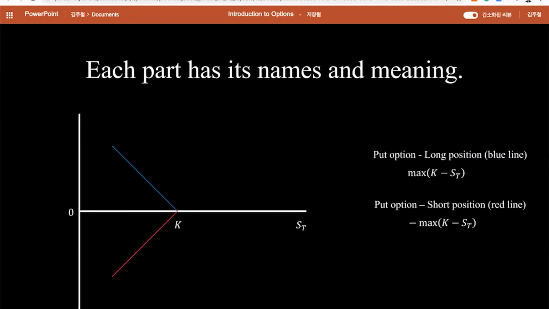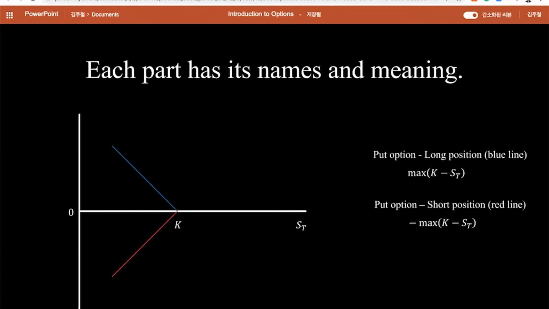But as you can see, the blue line is now another product named the put option. If you are in this position, then we say that this is a long position of the put option, the blue line. And this put option is a right to sell some products.